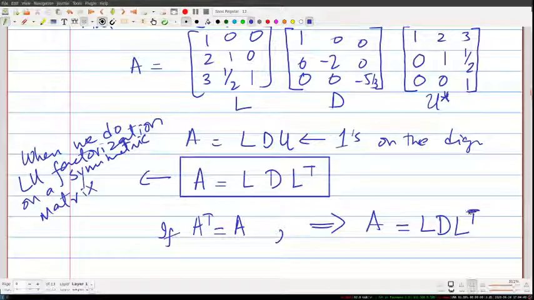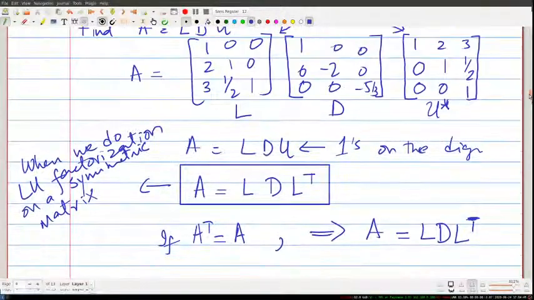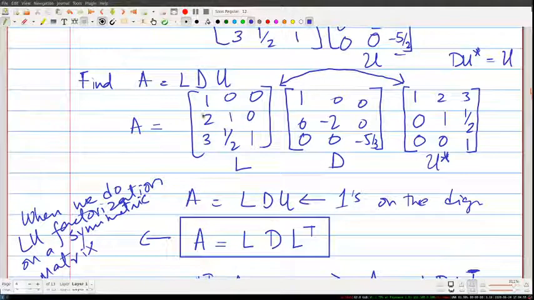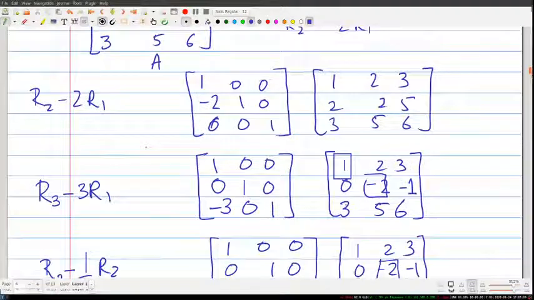And this is really nice, because not only is this going to cut your time of elimination in half, once you figure out what the lower triangular matrix is going to be, I don't even need to do the multiplication at that point. I can just keep track of the diagonal entries.